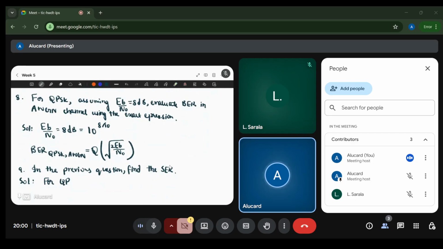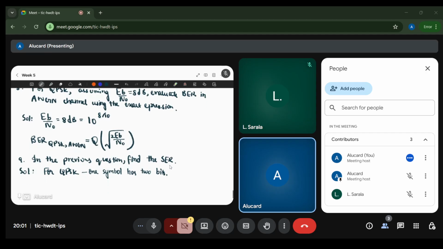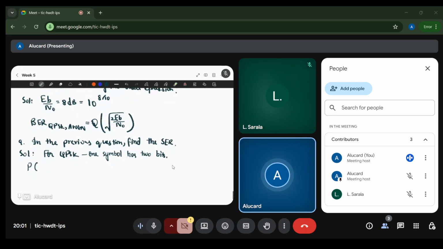For QPSK, one symbol has 2 bits. What is the symbol error rate?